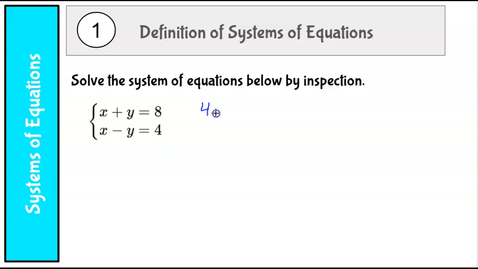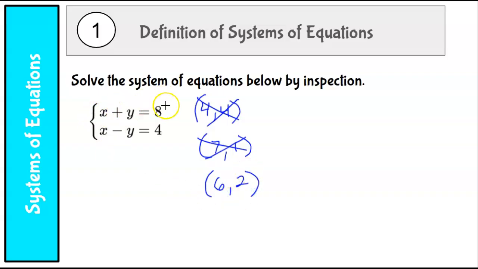So I might try 4 and 4 as my solution, which does add to get 8, but it doesn't subtract to get 4. So it's not that. 7 and 1 add to get 8, but they don't subtract to get 4. So it's not that. How about 6 and 2? 6 plus 2 equals 8, and 6 minus 2 equals 4.